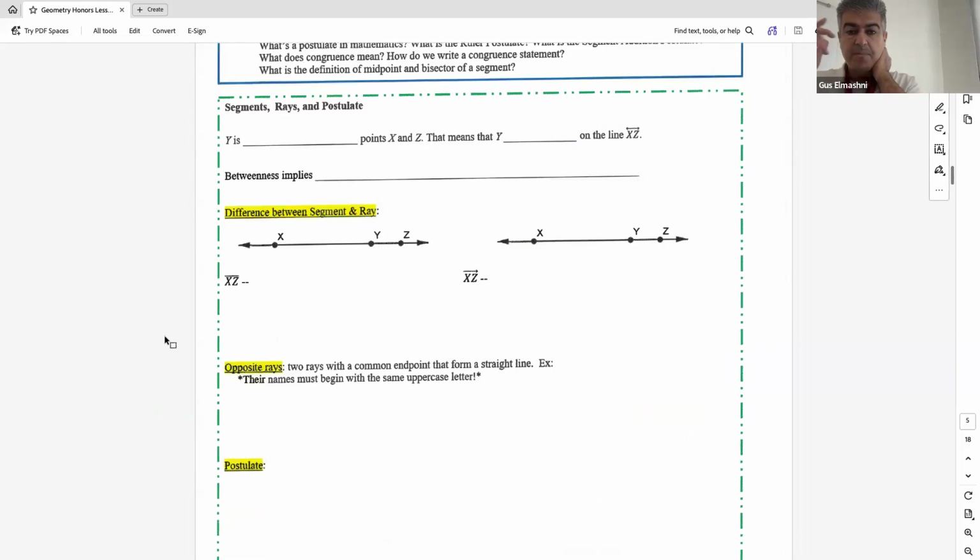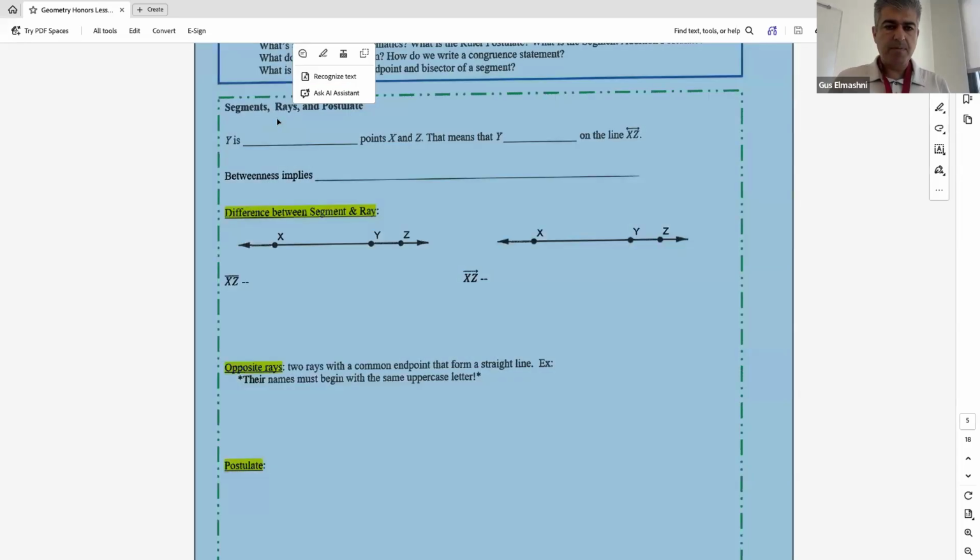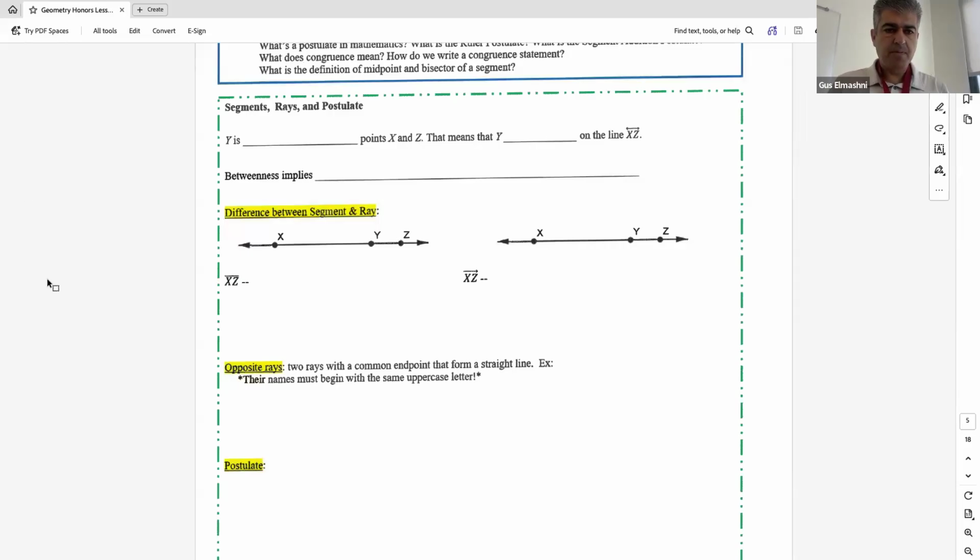Okay. So anyhow, a segment. Now, a segment is not exactly a line. But we'll get to that in a moment. First off, let's say y is in between points x and z. Then therefore y lies on xz.